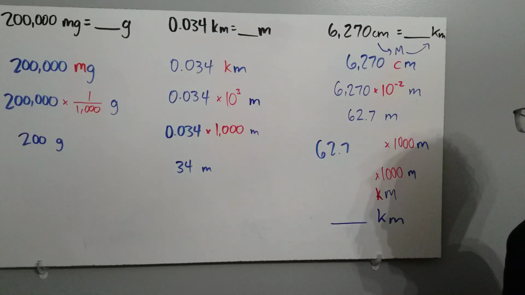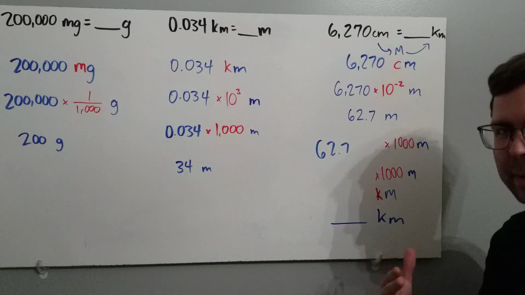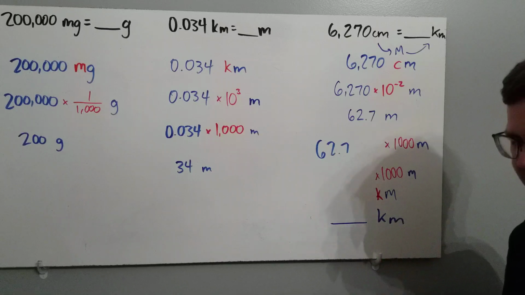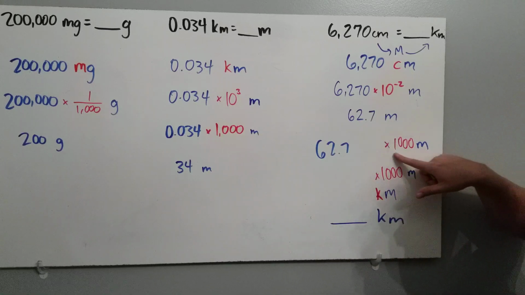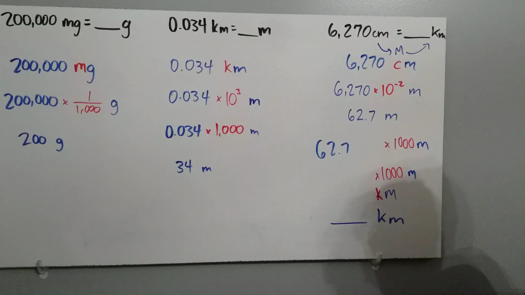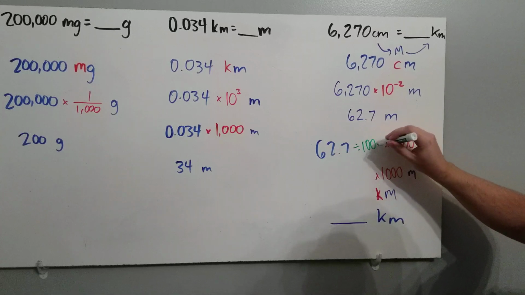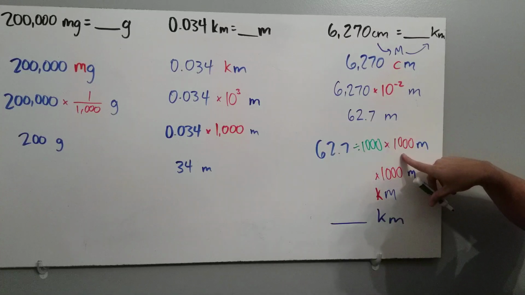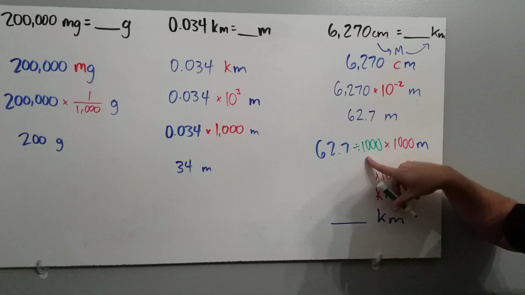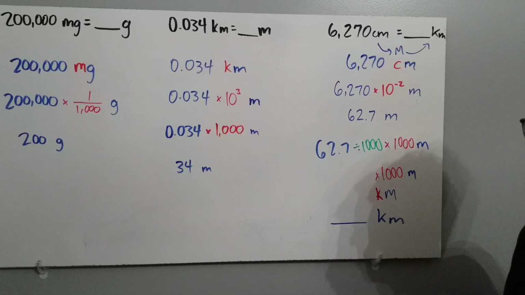So in order to make sure I'm not actually changing the amount of meters I have here, I need to kind of undo this times 1,000. And so at the same time that I put in the times 1,000, I'm going to also put in divided by 1,000. Because if you multiply something by 1,000 and divide it by 1,000, you haven't actually changed anything, right?